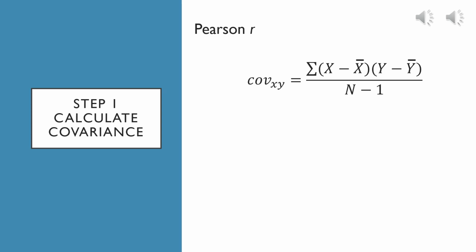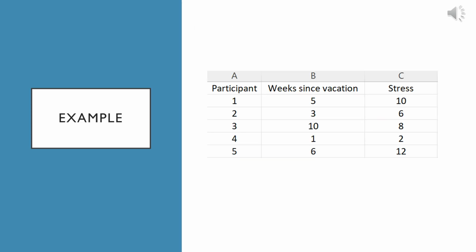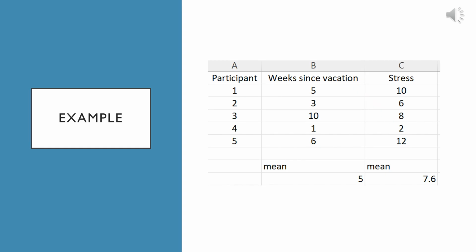We subtract each individual person's raw score from that to find all the deviations. We multiply the deviations of X times the deviations of Y, and then we add up all of those products. We add up all of the products of every individual, and then we divide all that stuff by n minus 1, the number of participants minus 1. So the first thing you have to do is calculate the mean for X and Y, which you can find very easily.